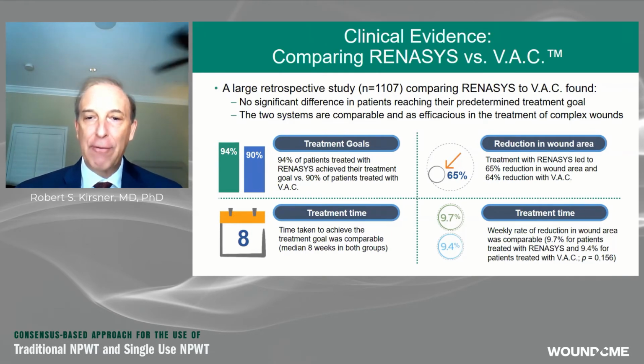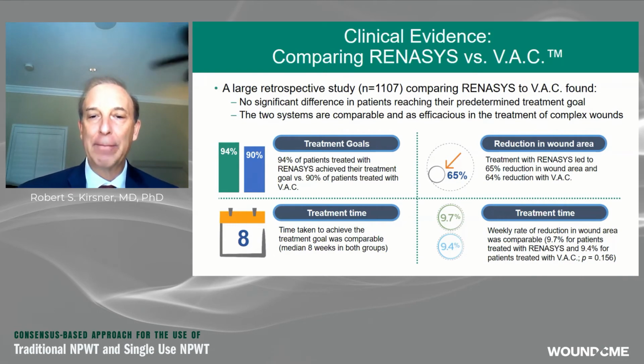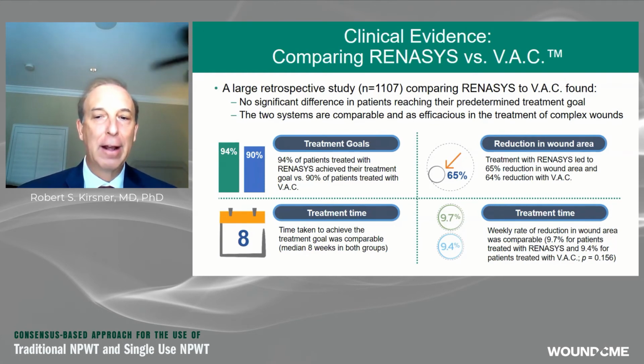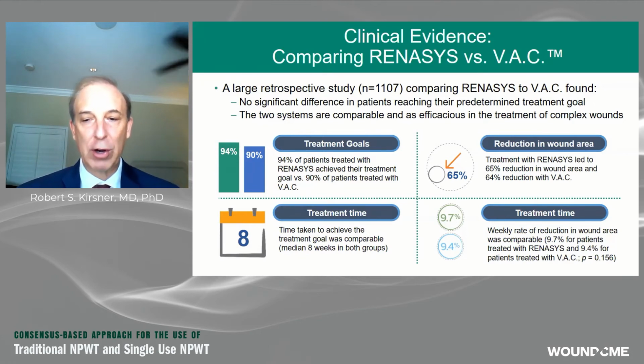When you looked at different outcomes, and we'll pick one as an example here, reduction in wound area, there were very similar results: Renesys led to a 65% reduction in area and VAC led to a 64% reduction in area. The weekly rate of reduction, again, was very similar between the two systems, 9.7% wound size reduction per week with Renesys and 9.4% with VAC.